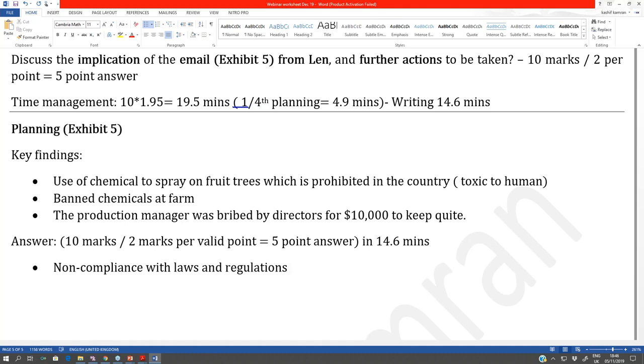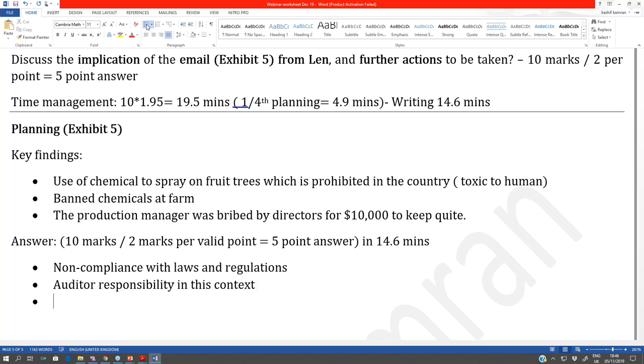And if there is a non-compliance with laws and regulation, what is the auditor responsibility in this context? As being the auditor of this company, when you identify that there is a non-compliance with laws and regulation, what is your responsibility as an auditor? So that will also fall under the implication that what should you be doing as an auditor? So auditor responsibility in this context.